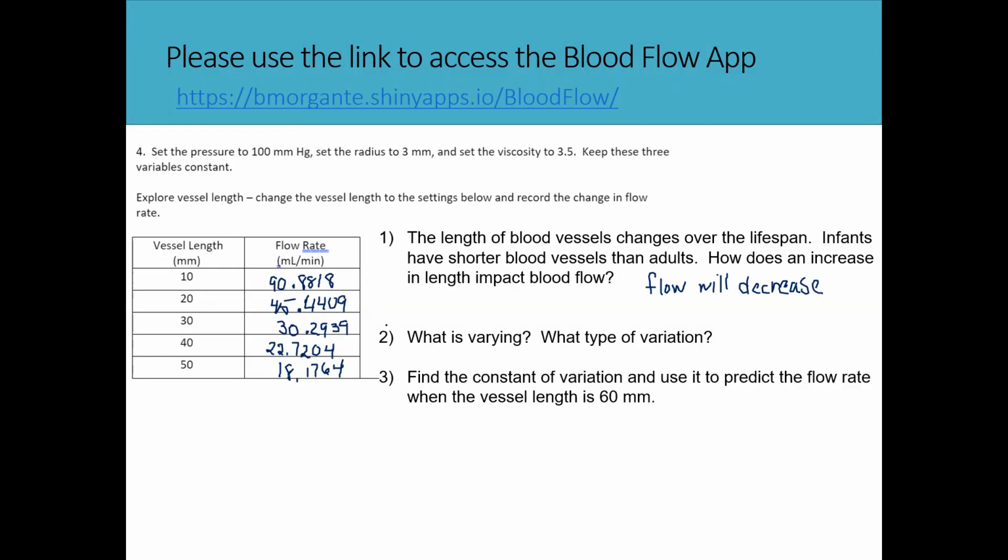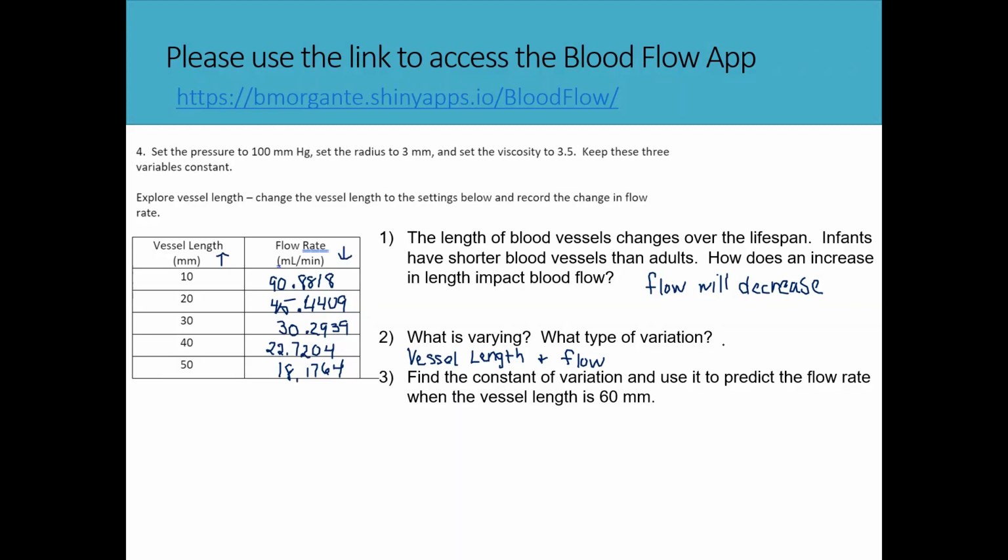Next question, what is varying? Well, my 2 columns are vessel length and blood flow. What type of variation? Well, this is where I have to reflect back on how they are changing. So we said vessel length was increasing or going up, and the flow rate was going down.